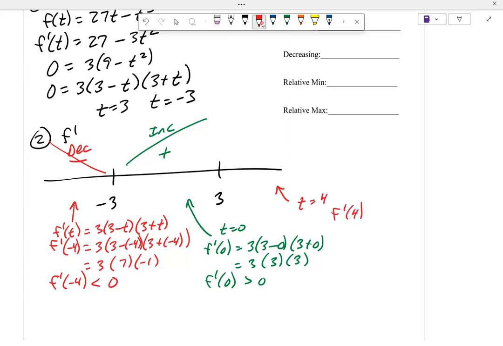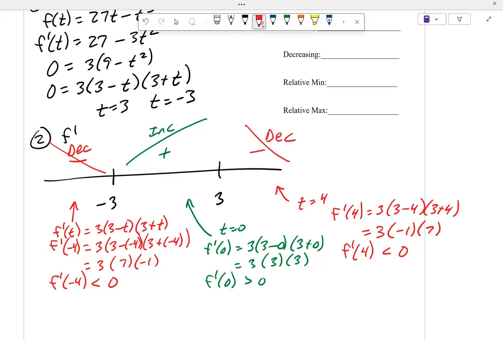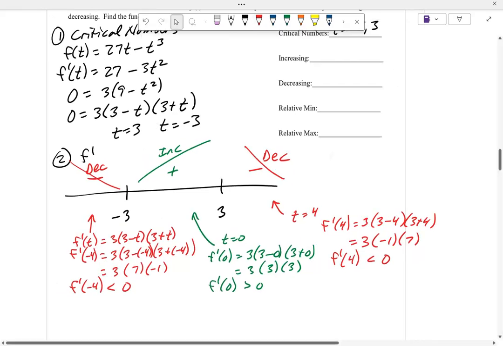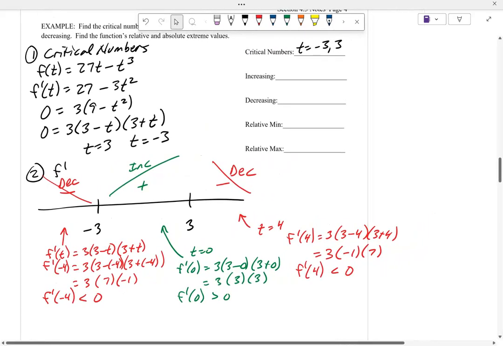F prime at 4. So I got 3 times 3 minus 4 times 3 plus 4. I got 3 times negative 1 times 7. So f prime at 4 is a negative value. So the original function must be decreasing after 3. So let's go ahead and write that down. We are increasing between negative 3 and 3.